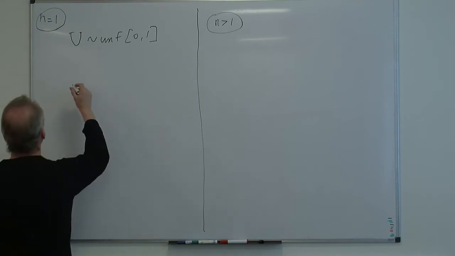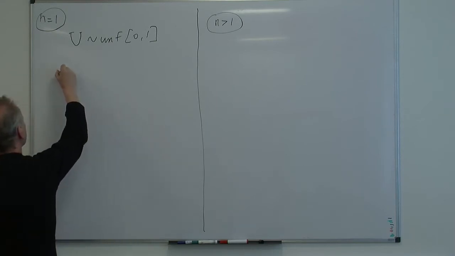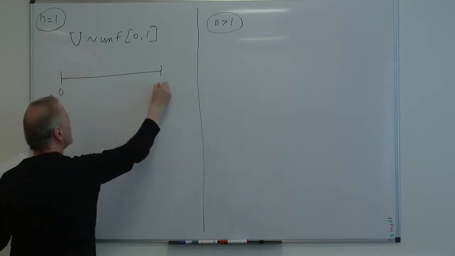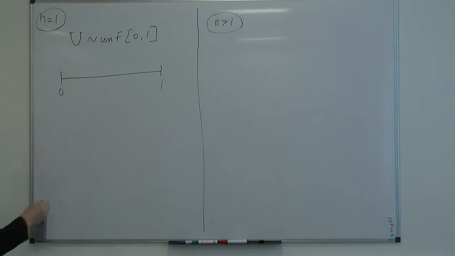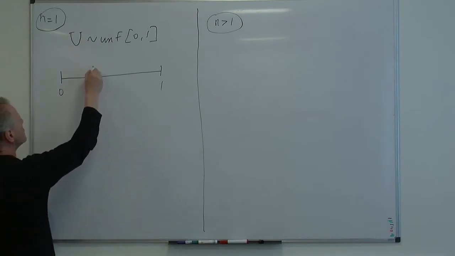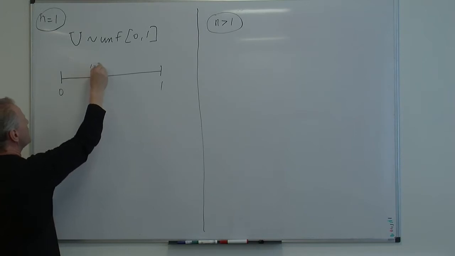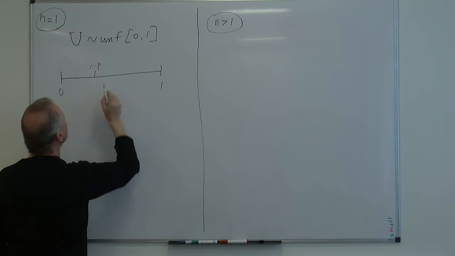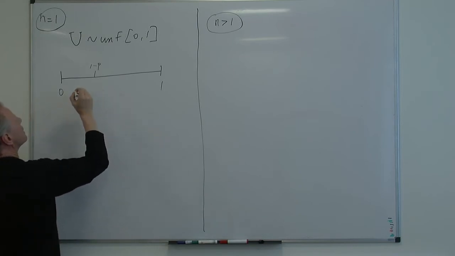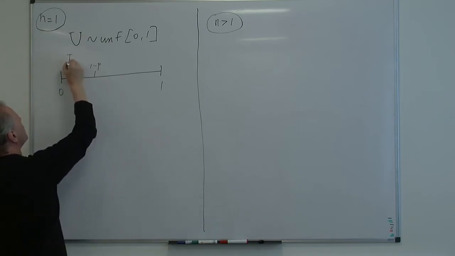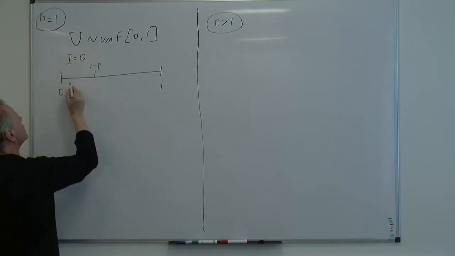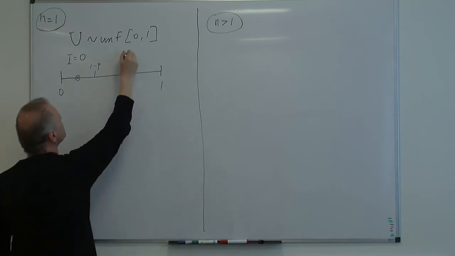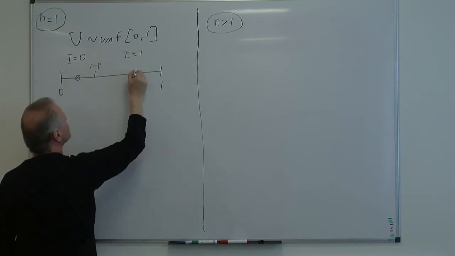So now u is somewhere on the line 0, 1. And if we put the mark 1 minus p here, the length of this interval is 1 minus p, and the length of this one is p. So now we define a random variable I to be 0 if u ends up here, and to be 1 if u ends up here.